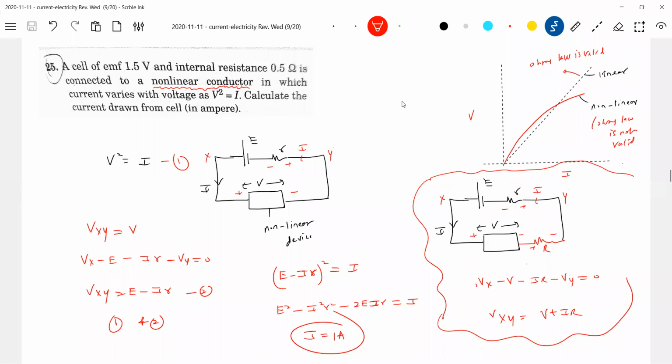Sir, if I solve, I am getting 1 and 9, sir. 2 values. Okay, 9 ampere, how is it possible? Quadratic equation you're getting? Yes, sir. 9 you should not take. Because if you put 9, you do one thing, just use some common sense. If you put 9, what will V be? 3 volt. What is the applied EMF? Yes, sir. Understood, sir. Okay.